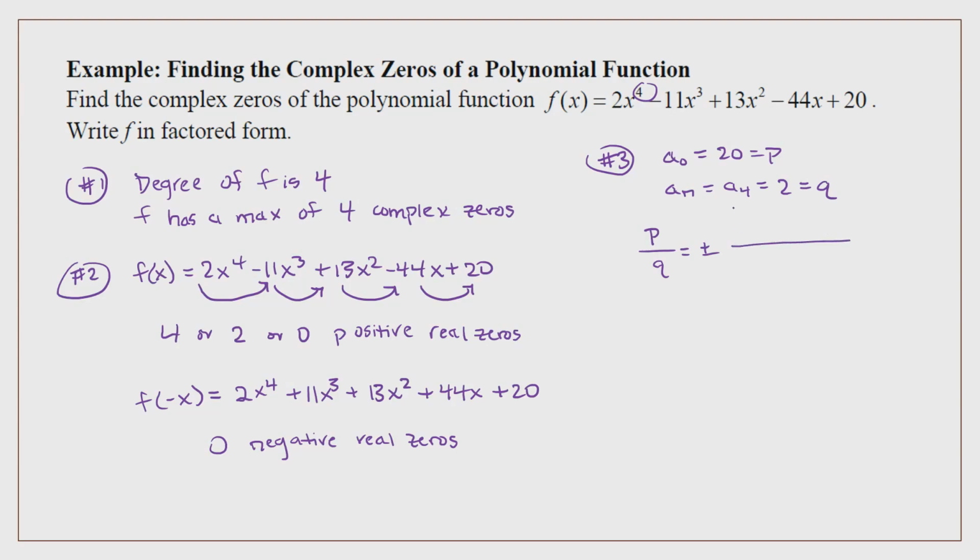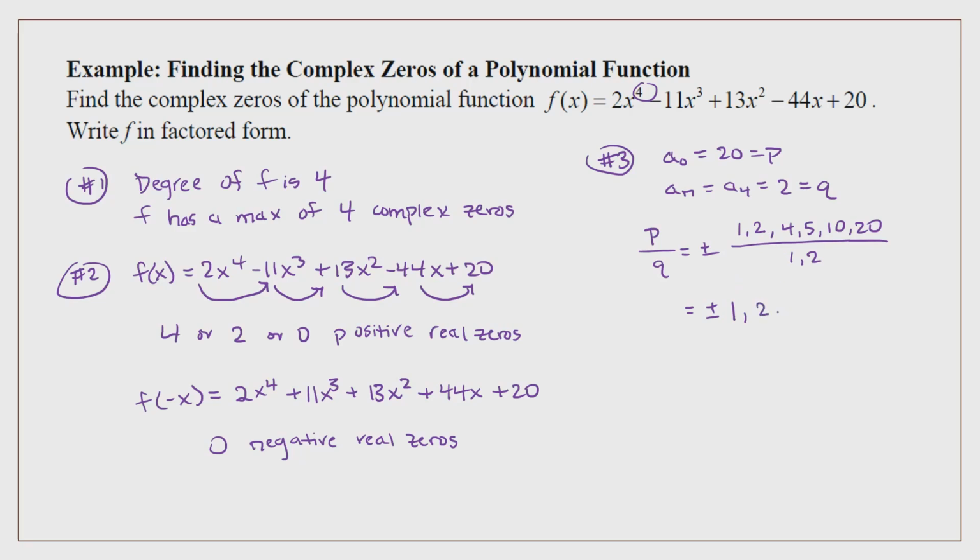So the factors of 20 are 1, 2, 4, 5, 10, and 20. And the factors of 2 are 1 and 2. So that makes our possible zero values. 1 divided by 1 is 1.